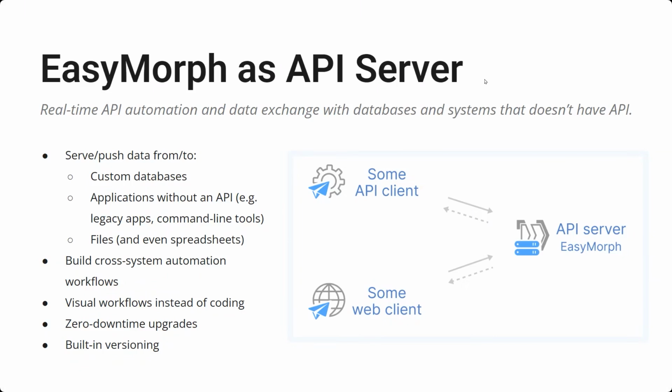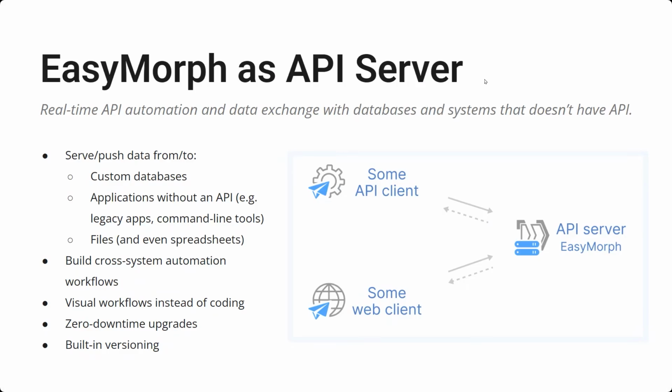It can be a custom database, a legacy application, some Python application or some command line utility. And you can build APIs to even serve data from files and even spreadsheets, because that's so easy with EasyMorph.